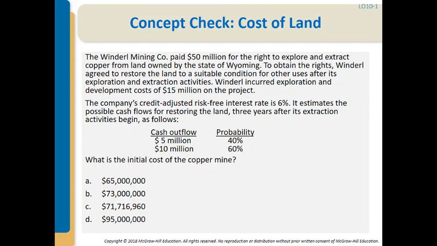The company's credit-adjusted risk-free interest rate is 6%. It estimates the possible cash flows for restoring the land 3 years after the extraction activities begin as follows. So you have cash outflows and possibilities here. And so 5 million at 40% is 2 million, and 10 million times 60% is 6 million, so it's 8 million total.